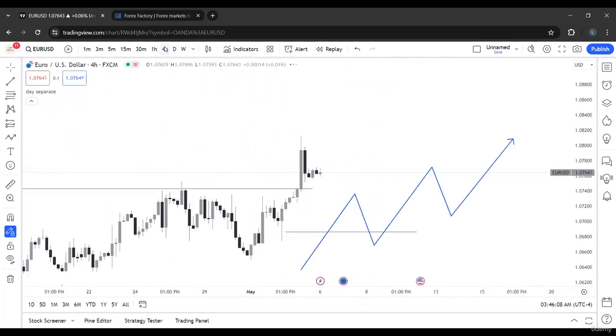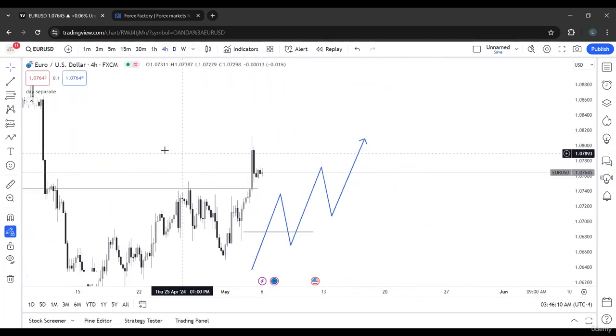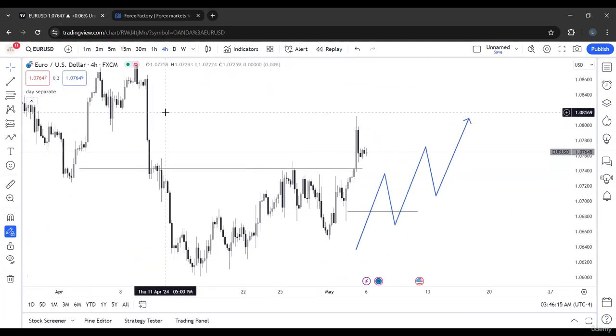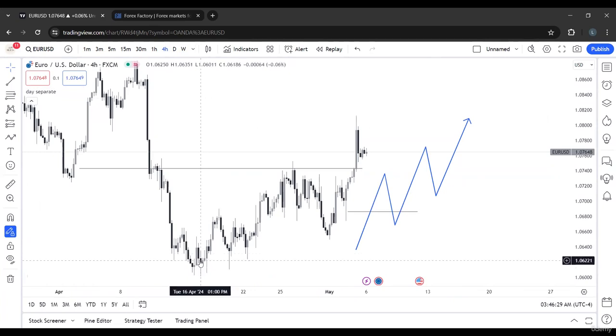Then we come to our 4-hour where we are really conscious of the premium to discount dealing ranges. I'm trying to point out that there are multiple that you have to look out for on a daily basis. It will take a while for price to get up here and ultimately rebalance this imbalance, this inefficiency right here. But while it's doing that, you have to look out for several dealing ranges that it creates along the way.